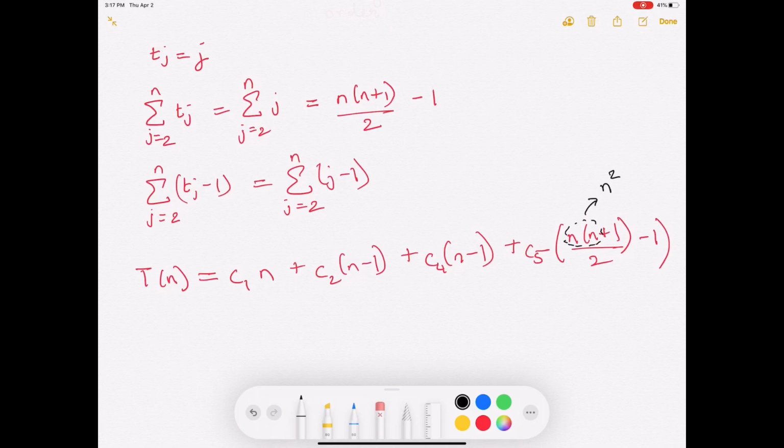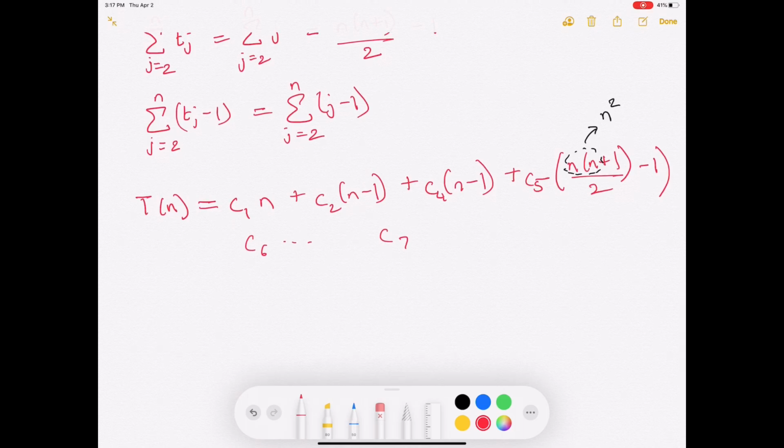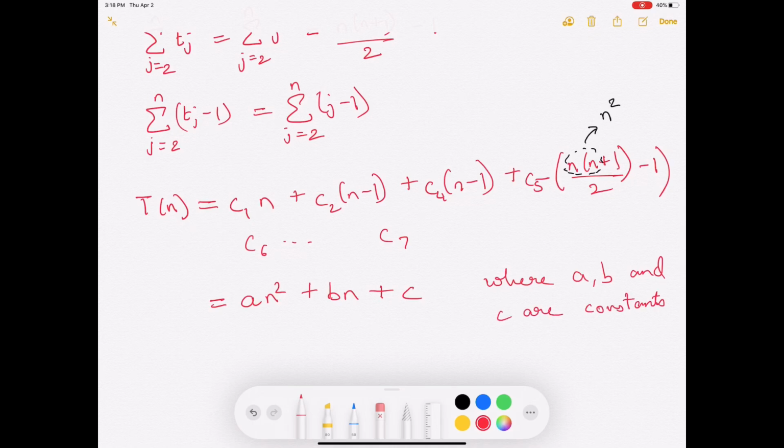We'll have similar expressions for C6, C7 and so on. Ultimately, because of these n square expressions, you will have something like an square plus bn plus c, where a, b and c are constants. I didn't write the details of what will be multiplied with C6 and C7, but it's also going to be n square terms.